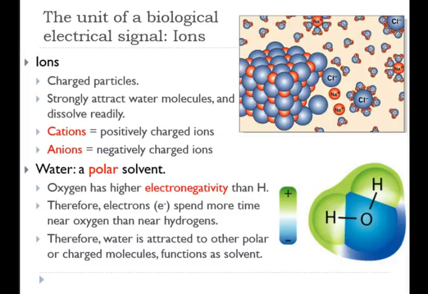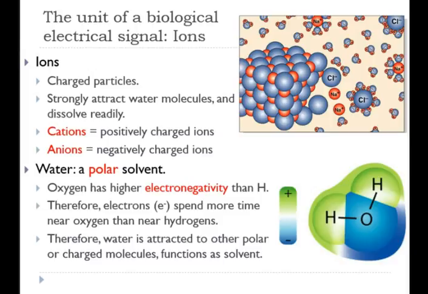It would be negatively charged, so it would be attracted to the hydrogen part of the water molecules. And you can see that's the part of the water molecule that's gliding around them. So that means that water interacts very strongly with all these ions. It also means that these ions dissolve readily in water, and that's really what's happening here. You get what is called a hydration shell forming around each of these ions as that ion gets dissolved into solution.